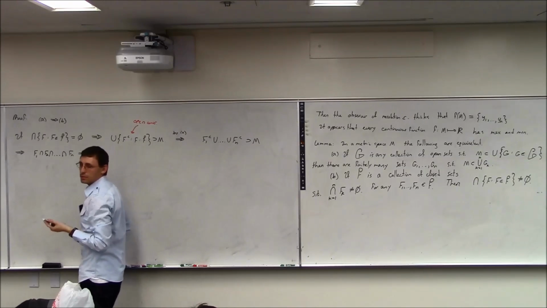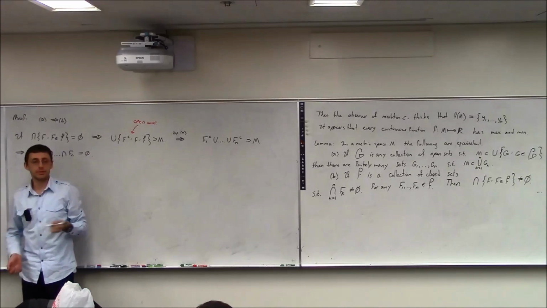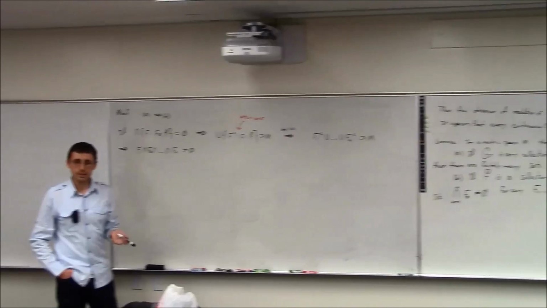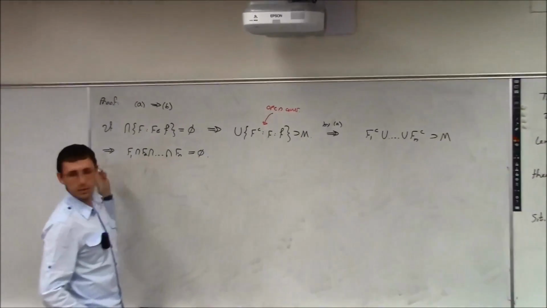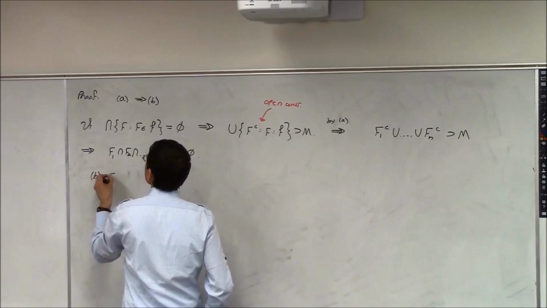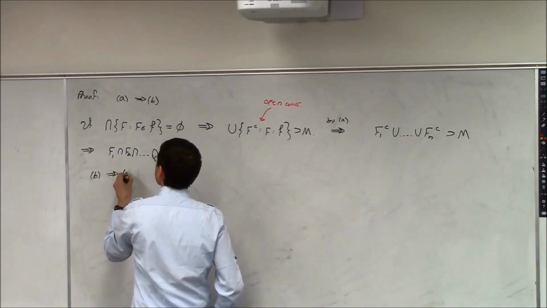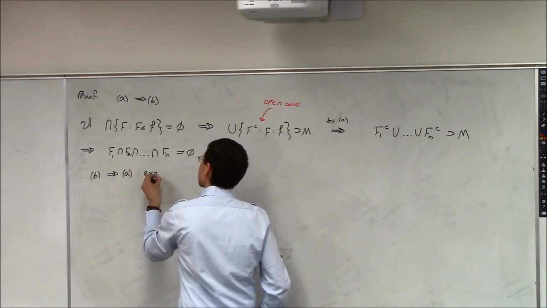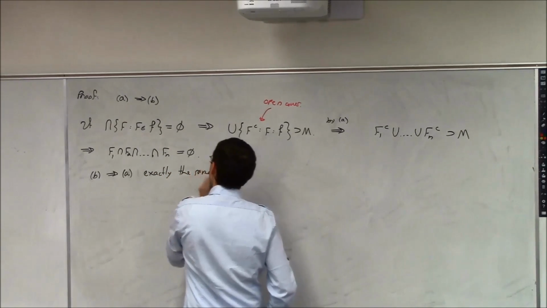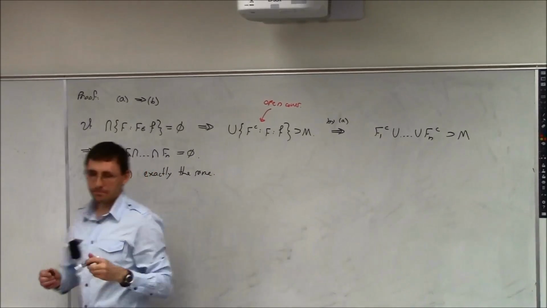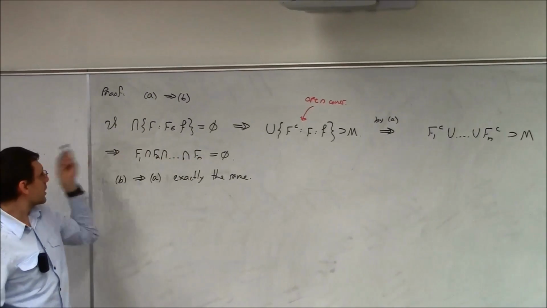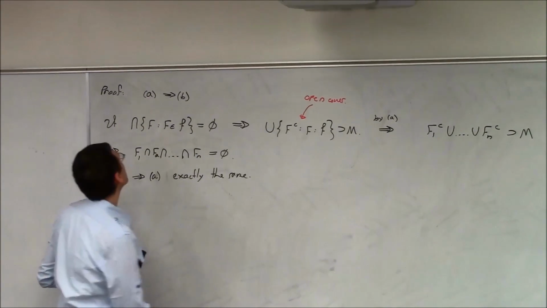Okay, so that shows you that A implies B, and the proof that B implies A is exactly the same. You can just go the other way around. Just begin from there, and you get to part A.